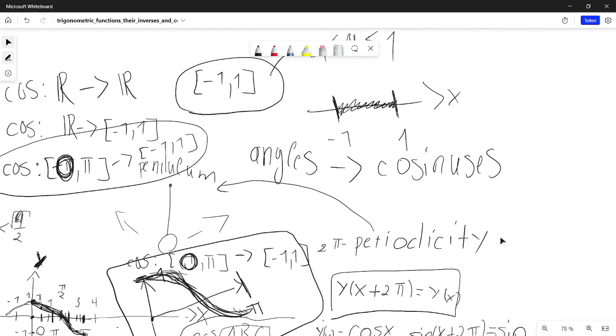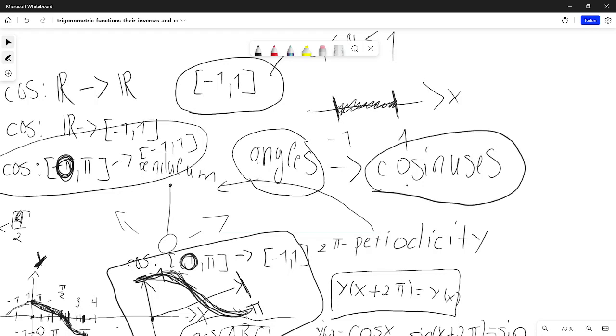That's why we take all angles, all cosinuses, and that's what we do here. But of course, in the restricted domain, 0 to pi. Right. And we just assign, well, I can't draw here points for angles because it's infinitely many, you understand, so I don't do it. And here we have all cosinuses, but just imagine in here all angles are in it, all angles in this restricted domain.